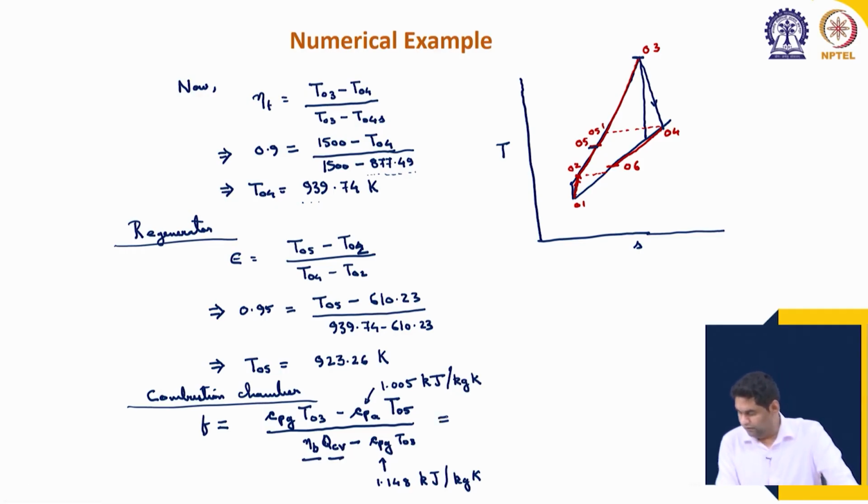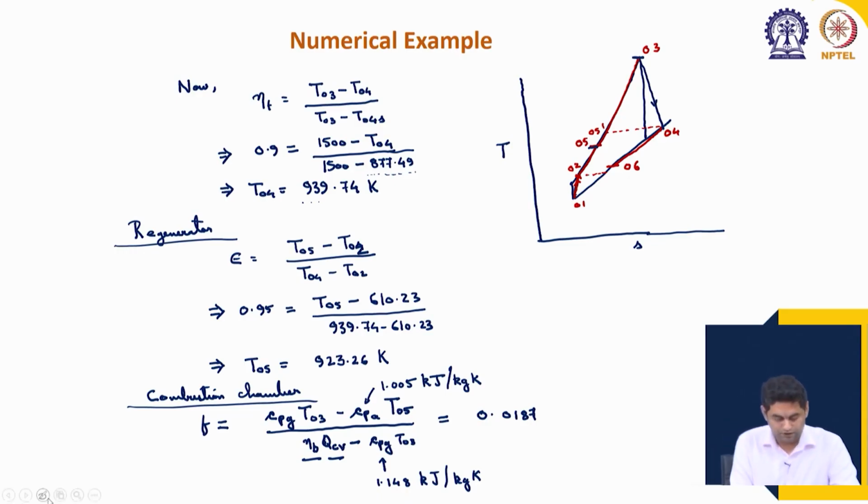So, from all this we get the fuel air ratio to be equal to 0.0187, which is a reasonable value for a practical gas turbine. So, now we can find the net work output from the turbine.